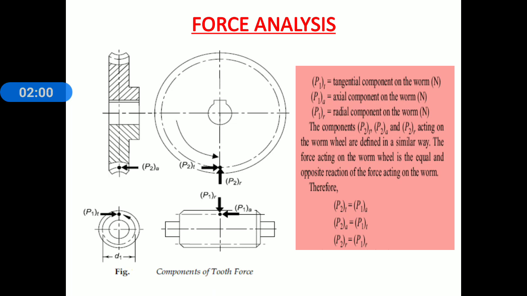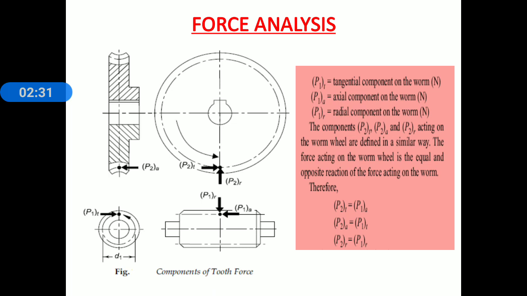Now one thing to remember, suffix 1 is used for the worm, while suffix 2 is used for the worm wheel. The components of the resultant force acting on a worm. Now first of all, we look at the components of resultant tooth force acting on the worm, and then we look at the components of resultant tooth force acting on a worm wheel.